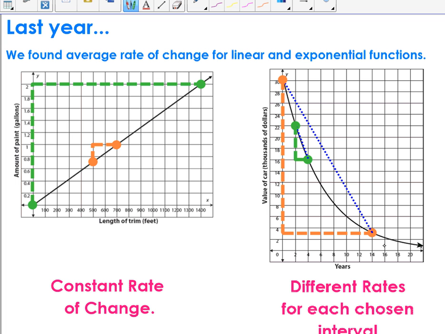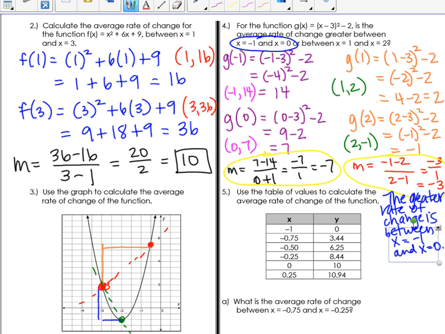You would want to think of slopes. Your steeper slope would be the -7 versus the -3, which is why that's your answer.